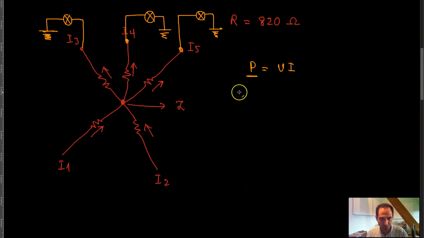If P is supposed to remain the same, meaning that if the wattages of these light bulbs are exactly the same, then assuming that the voltages on these light bulbs are the same, the currents going through them are going to be the same, meaning that whatever the amount of current is that is leaving this node is going to be divided equally through these 3 resistors and leave the node, right?